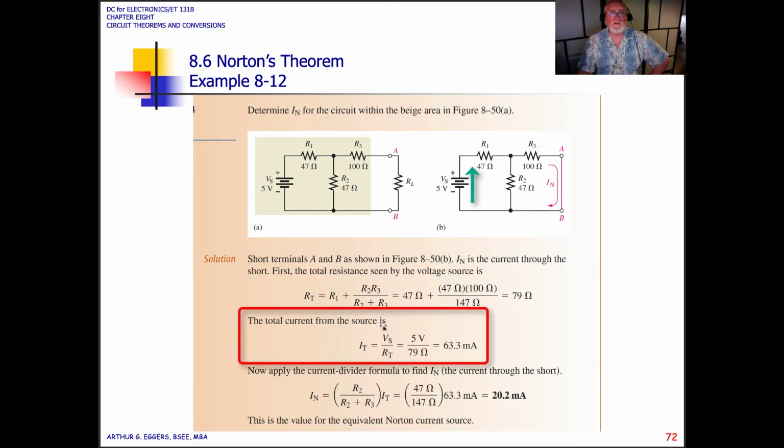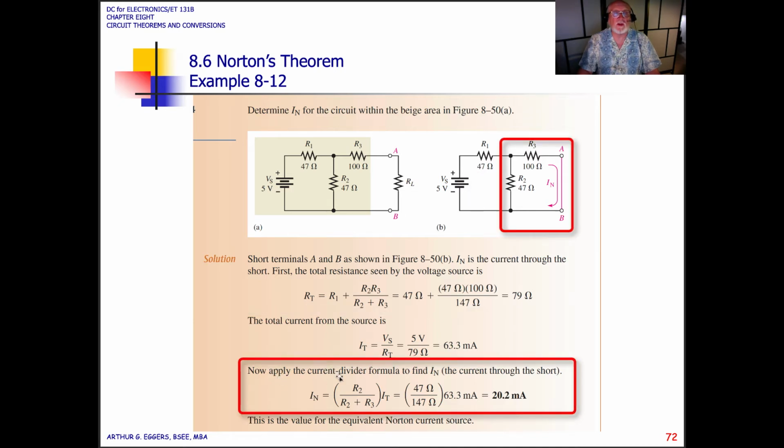The total current from the source is, just like before, V source over R total. So 5 volts by 79 ohms gives us a total current of 63.3 milliamps from V sub S. Now if we apply the current divider formula for I Norton, the current through the short, I Norton, is equal to R2, because we're going to take the current through R2 and divide it by R2 plus R3 times the total current.